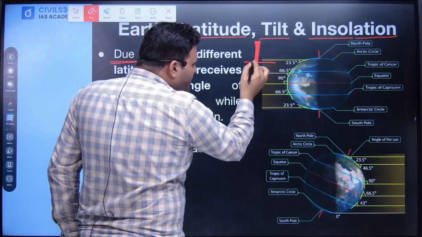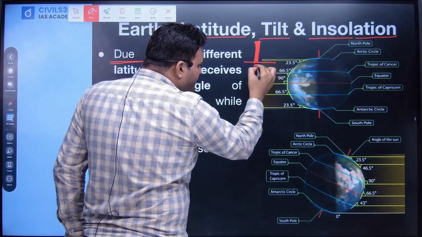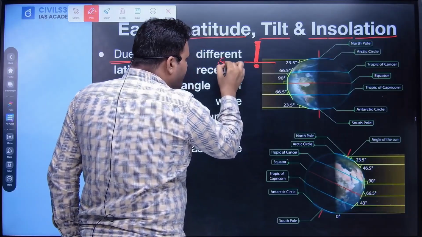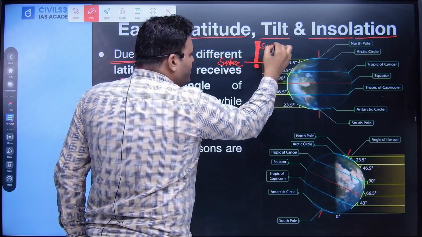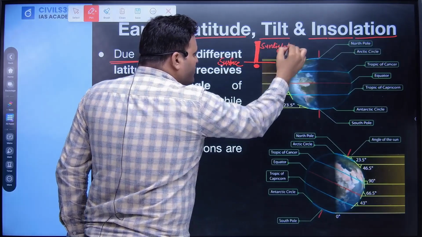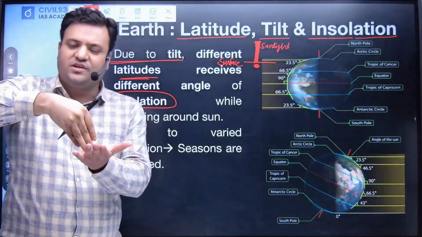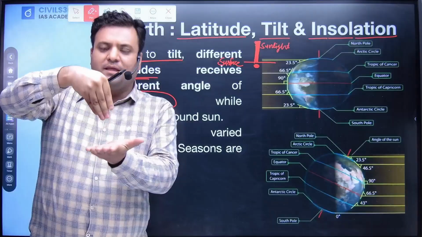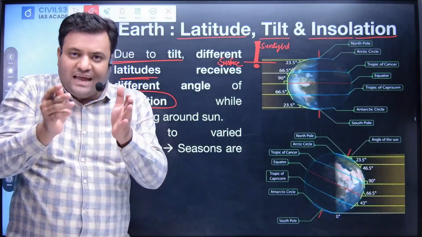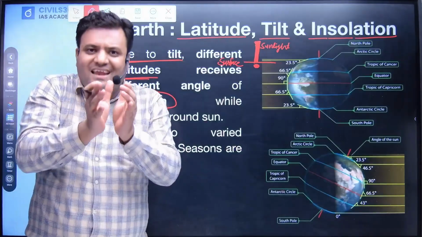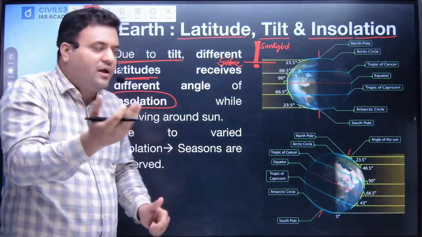It is going to be intense and make the surface warm. This is our Earth's surface, and this is the sunlight, or you can say insolation. So when the sunlight is striking the surface, if the angle is greater, there will be more warming. Why? Because the energy is distributed over a very small area. That's why there will be warming.